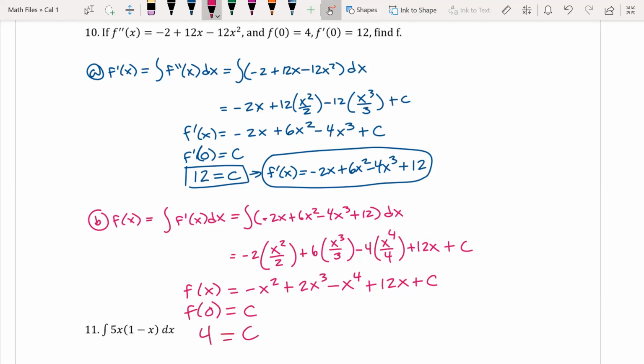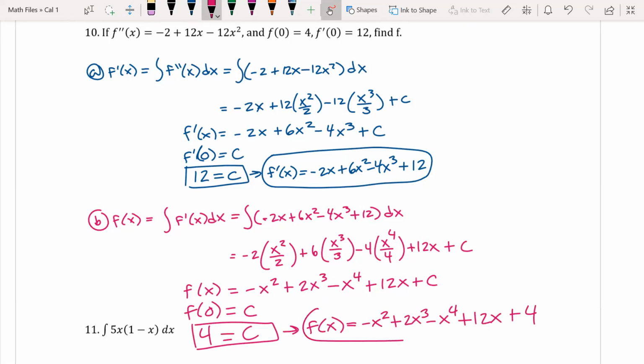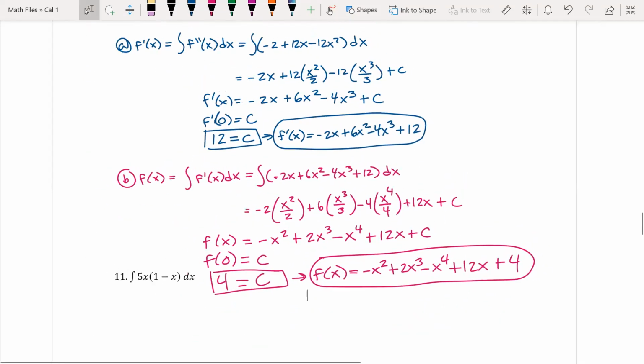So we get 4 equals c, which means that f of x equals negative x squared plus 2x cubed minus x to the 4th plus 12x plus 4. Yeehaw.